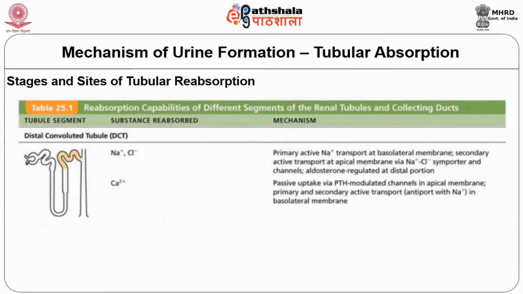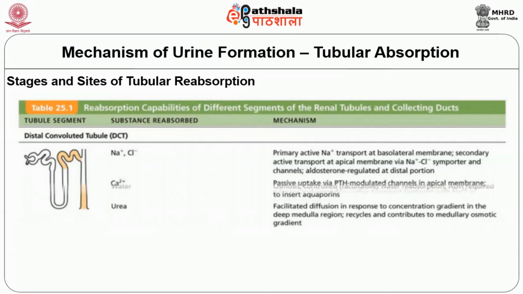In the next region, that is the distal convoluted tubule, sodium and potassium ions and calcium ions are reabsorbed by primary active sodium transport and passive uptake modulated channels in apical membrane, primary and secondary active transport in the basolateral membrane.